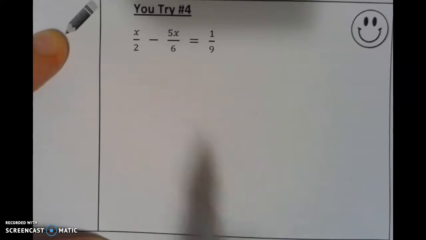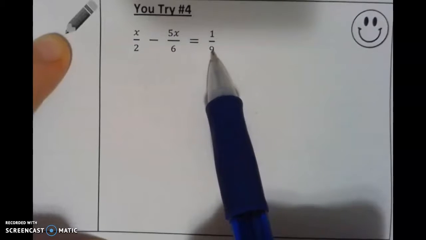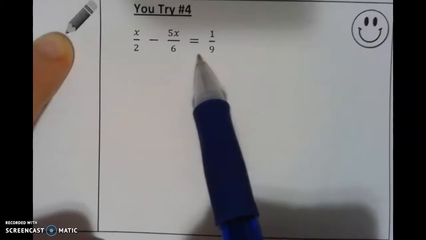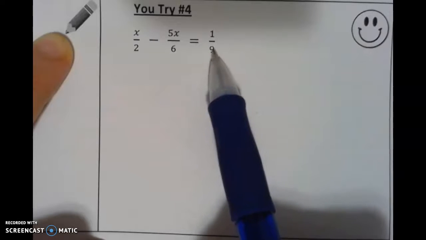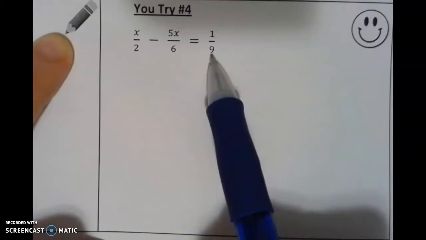So what would be the LCD? Probably the easiest thing is to start by looking at the biggest denominator and start doubling or tripling. If I use 9, is 2 divisible by 9? No. Is 6 divisible by 9? No. Okay, what if I multiply it by 2? 9 times 2 is 18, right?